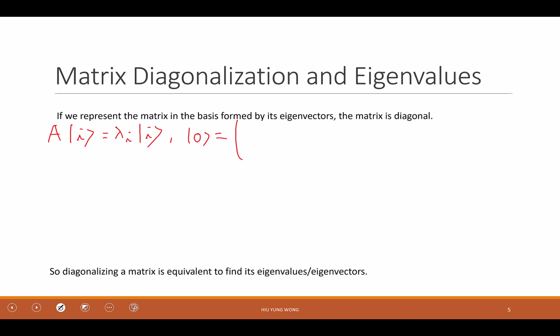Yeah, very good. I thought my sentence was very confusing. I'm asking, what is the representation of the first eigenvector of A? The first eigenvector of A, or the zeroth, let's say zeroth, right? The zeroth eigenvector of A, when it is represented in the basis formed by its eigenvector, right?